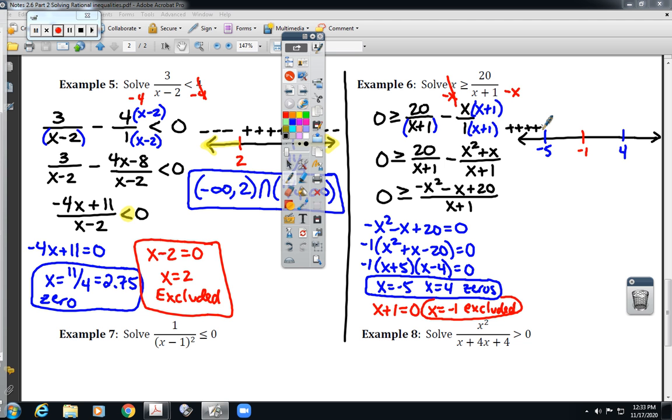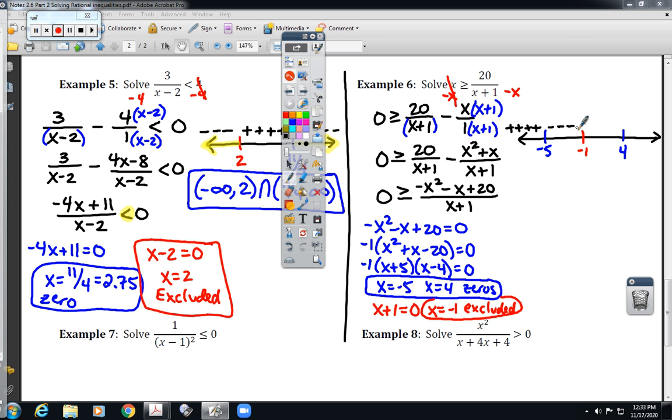Between -5 and -1, let's try -2. Plug in -2 here, we get -4, because it's -2 squared. So that'd be -4. +2 is -2. +20 is a big positive number. Okay? So the top is positive, and the bottom, -2 plus 1 is negative. A positive divided by a negative is a negative.